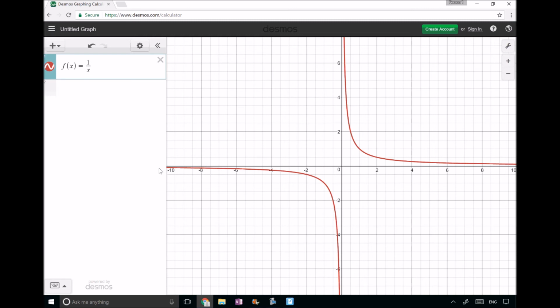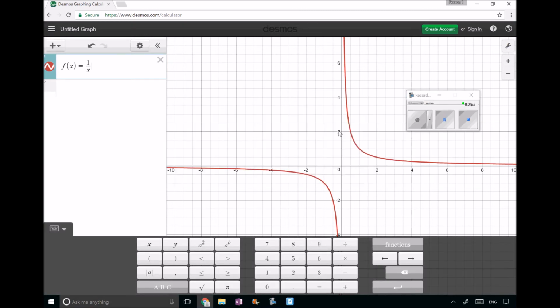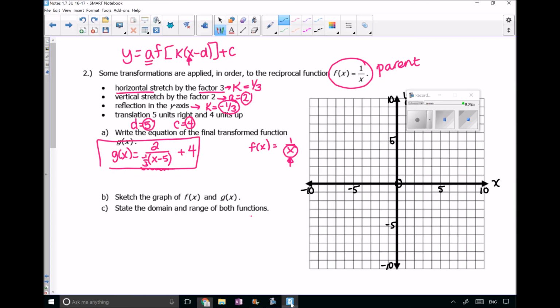It's also important to remember that we have our asymptotes at x equals 0 and at y equals 0. So I'm going to put those asymptotes in right here, literally drawing in some dotted lines where my asymptotes would be.